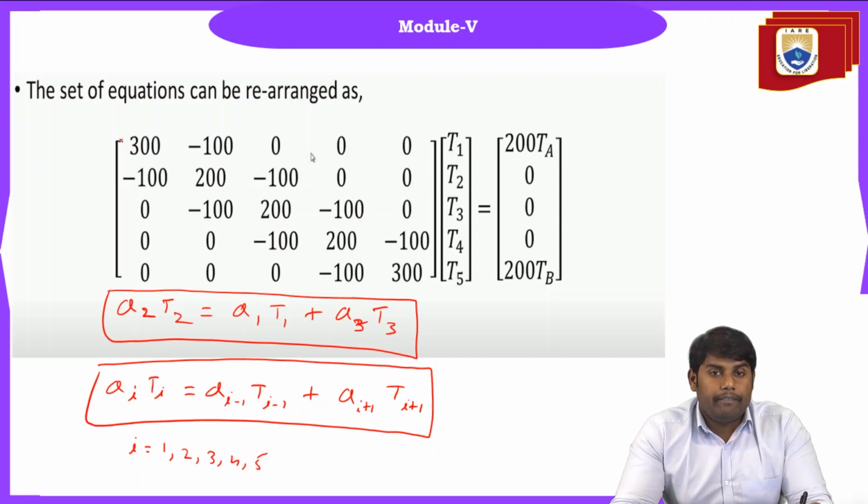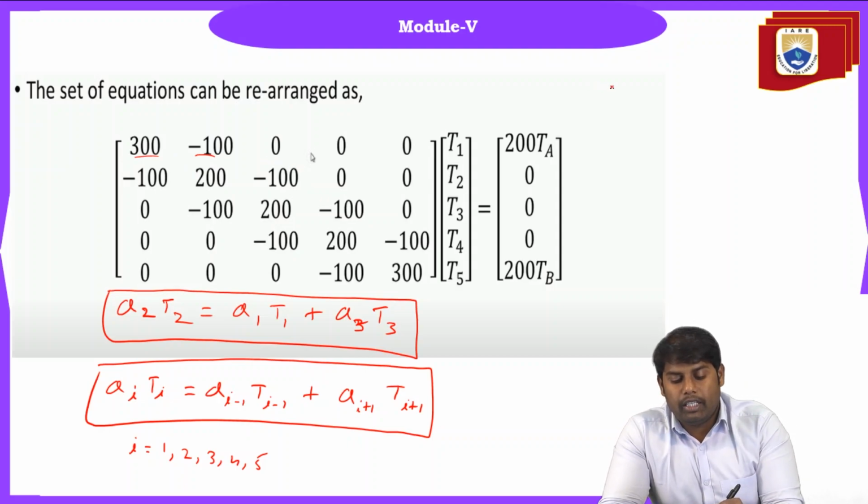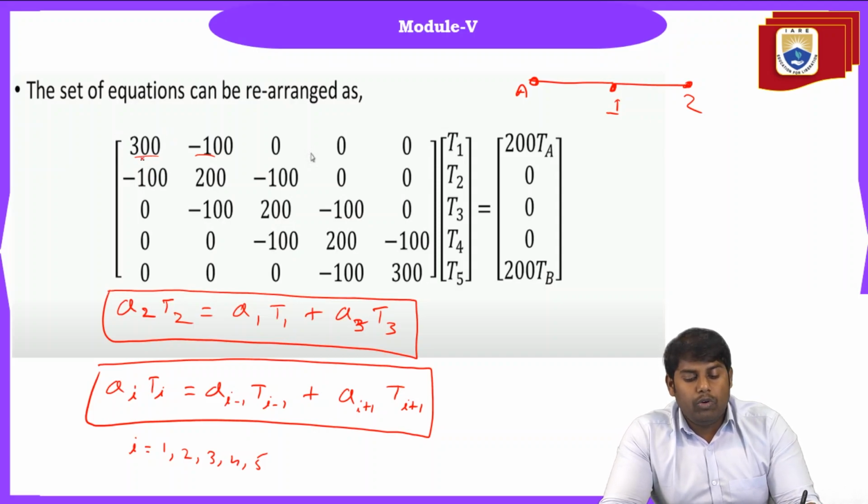Now you can see 300, 100. Basically these are the coefficients of A, let's say AW or AA and A2. In the first equation, let's take point 1, so you have 2 and A. We are writing the values for the west node and the east node, and the remaining 3 are not there.